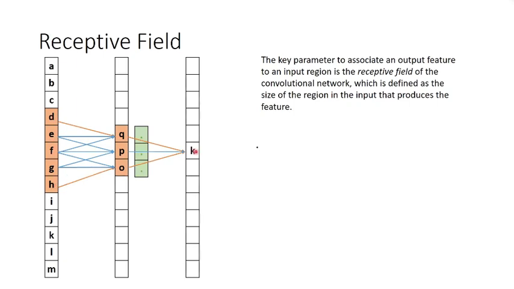Because it depends on the linear combination of Q, P, O, and Q was produced by a linear combination of D, E, F, P was produced by a linear combination of E, F, G, and O was produced by a linear combination of F, G, H. So K was produced because of the information contained in D, E, F, G, H. This one had a receptive field of 3, but this one has a receptive field of 5: 1, 2, 3, 4, 5.